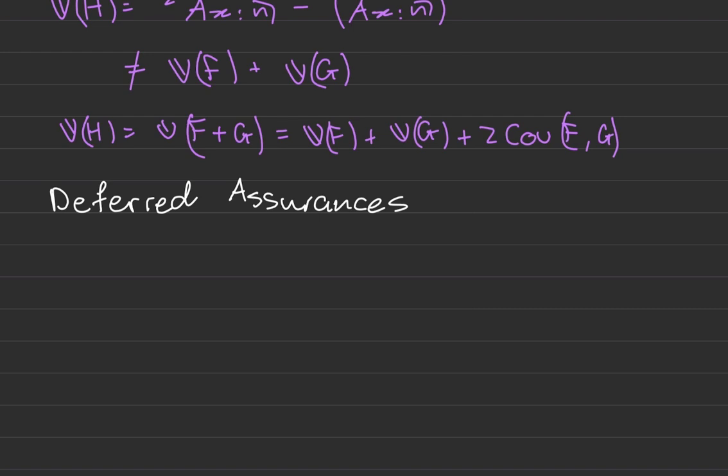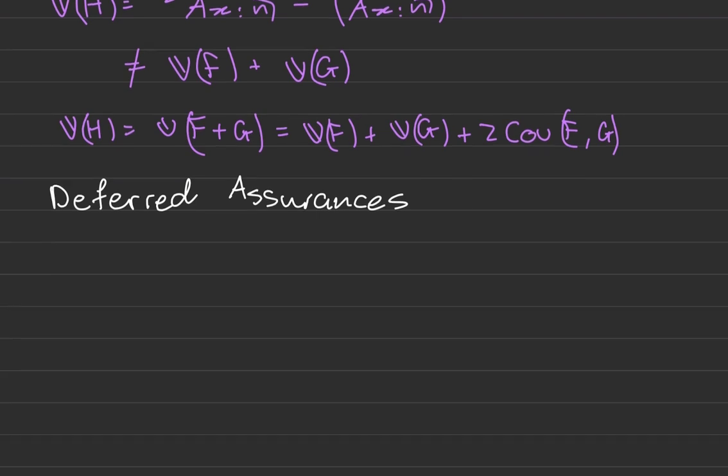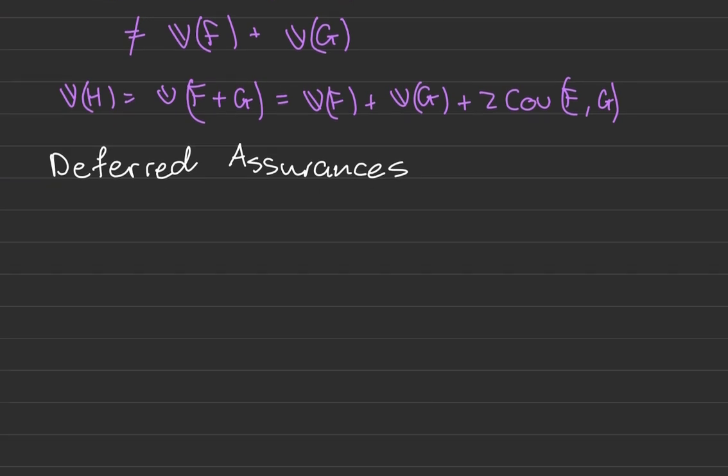So there's no such thing as a deferred pure endowment. But deferred whole life assurances and deferred term assurances do exist. And so you can also get a deferred endowment assurance. But note, the pure endowment is not really deferred.